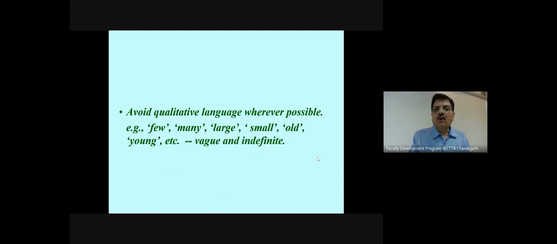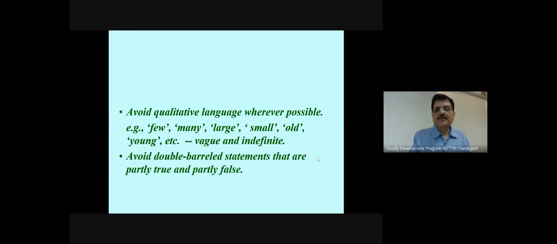Likewise, avoid qualitative language wherever possible. Few, many, large, small, old, young, because these convey vague meaning and they are conveying indefiniteness. Avoid double-barreled statements that are partly true and partly false, and avoid response pattern.